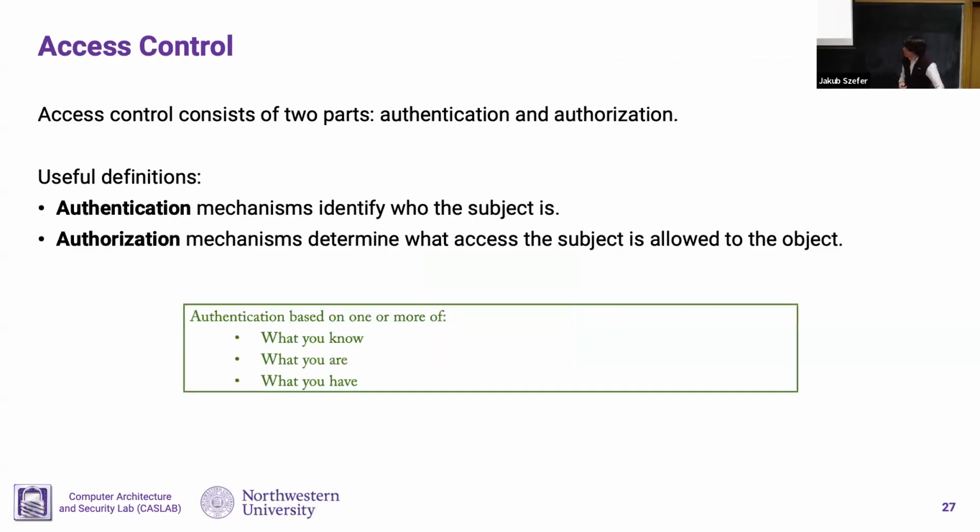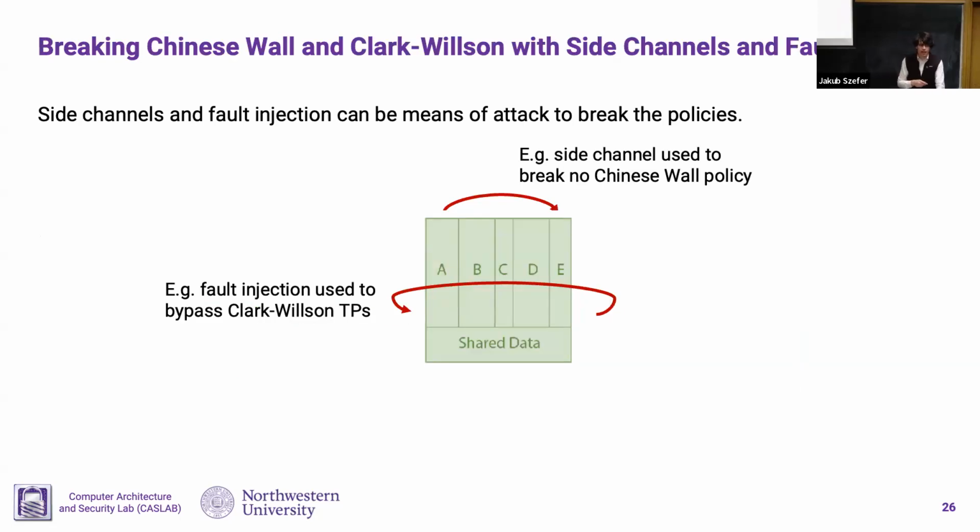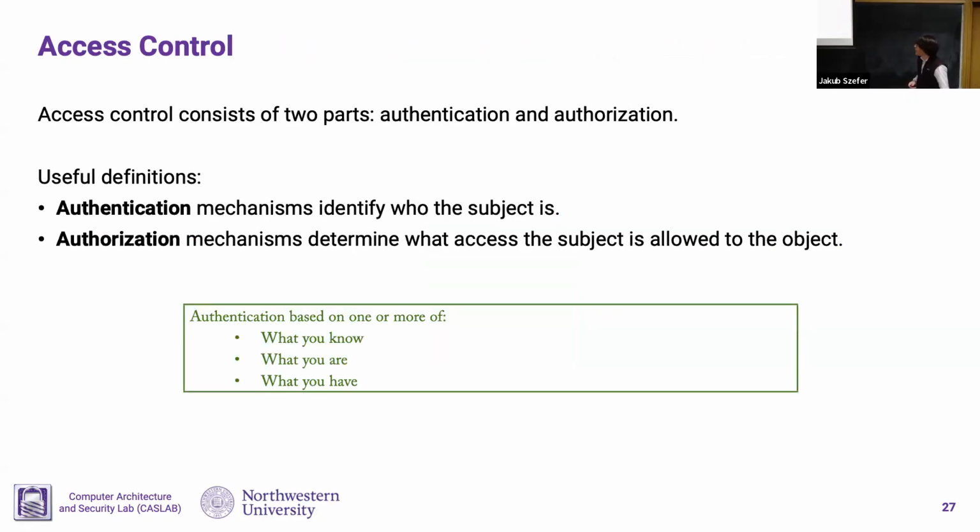And then just one slide coming back to access control. All of these policies are based on authenticating a user and then authorizing the user. Once a user is authenticated and authorized, they belong to some class, and then you can apply the policy. So how do you authenticate your user? Maybe it's common sense, but you may have heard of it before: authenticate based on what you know, what you are, or what you have.